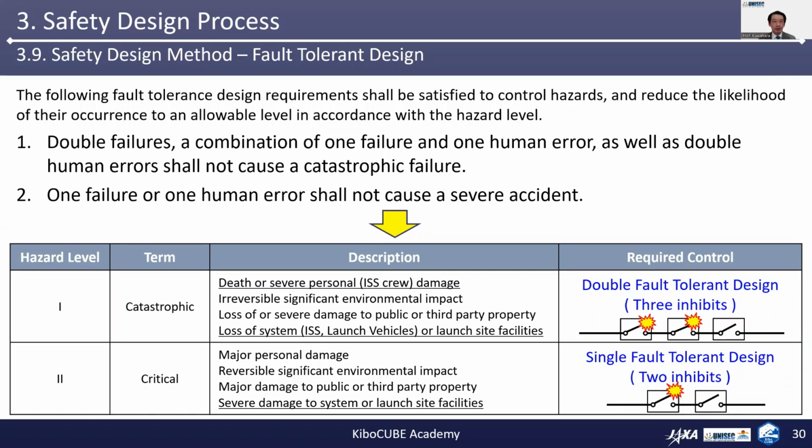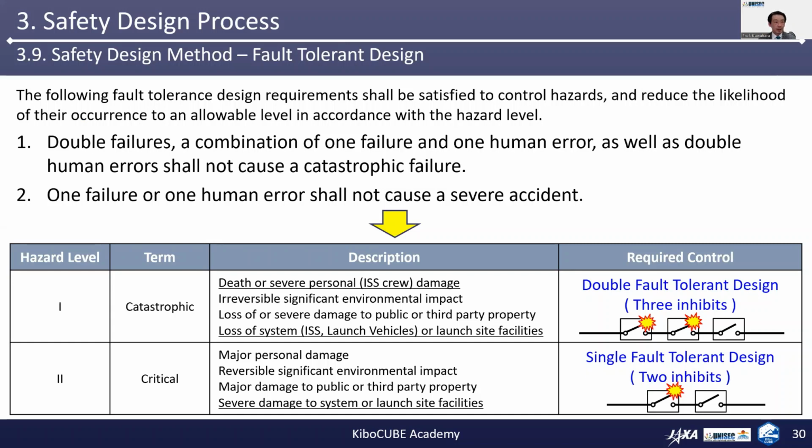The first one is the fault-tolerant design. The following fault-tolerant design requirements shall be satisfied to control hazards and reduce the likelihood of their occurrence to an allowable level in accordance with the hazard level.